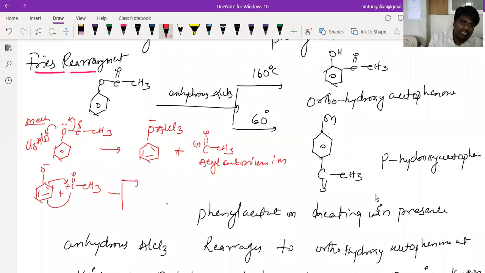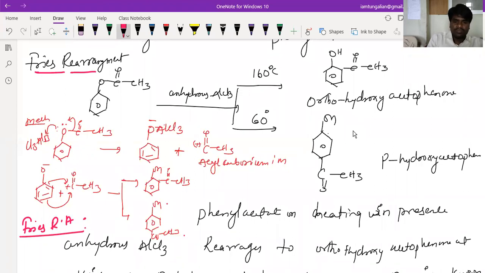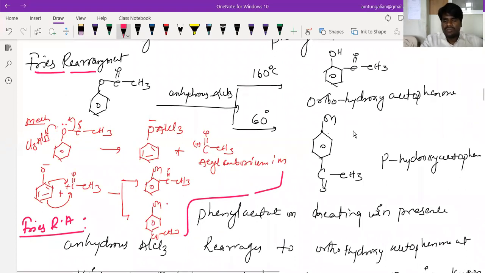So that will lead to the formation of either this sort of product or this sort of product. Are you getting this? So this is your Fries rearrangement. Is that clear? At higher temperature, ortho will be major. At lower temperature, para will be major.